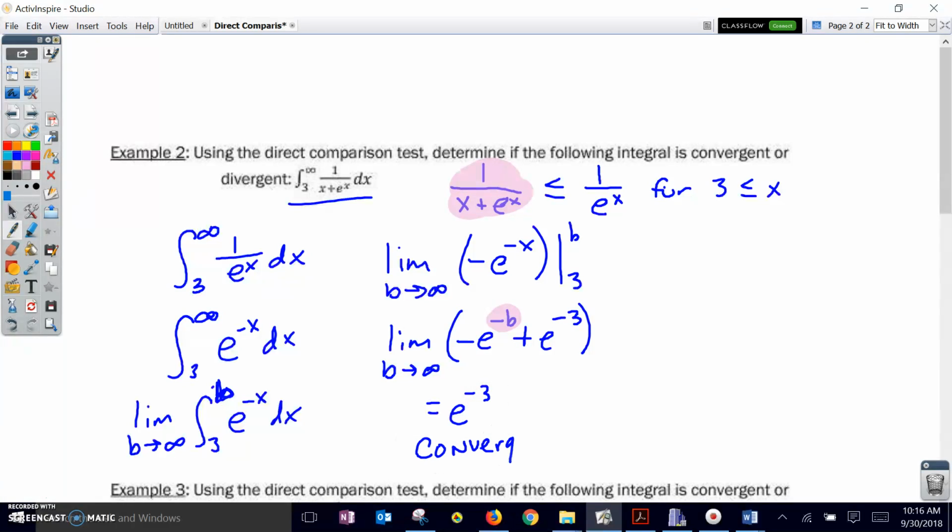So that converges. And now I'm going to write a concluding statement here.